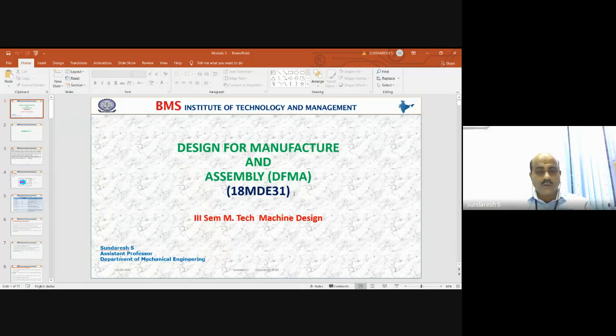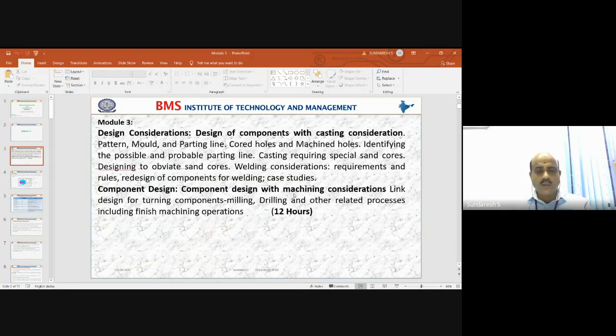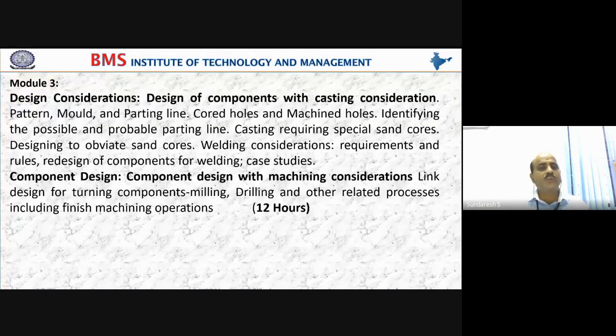Let me go about module 3, and I will brief about the syllabus. I already gave the outline of the syllabus, what we're supposed to discuss in module 3. So design considerations: we have design of components with casting considerations.